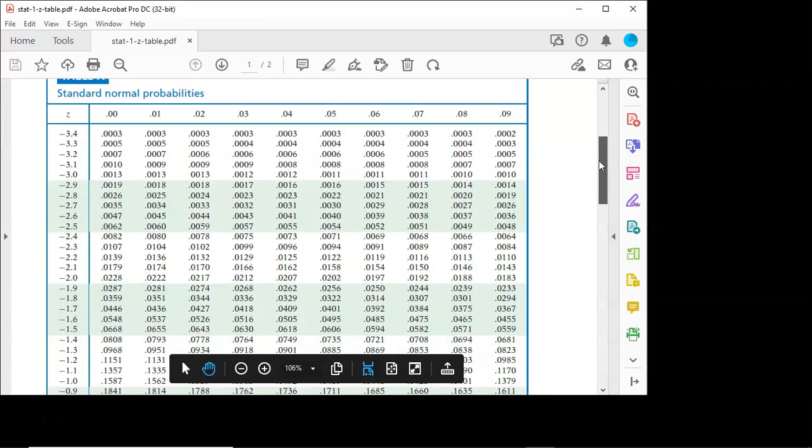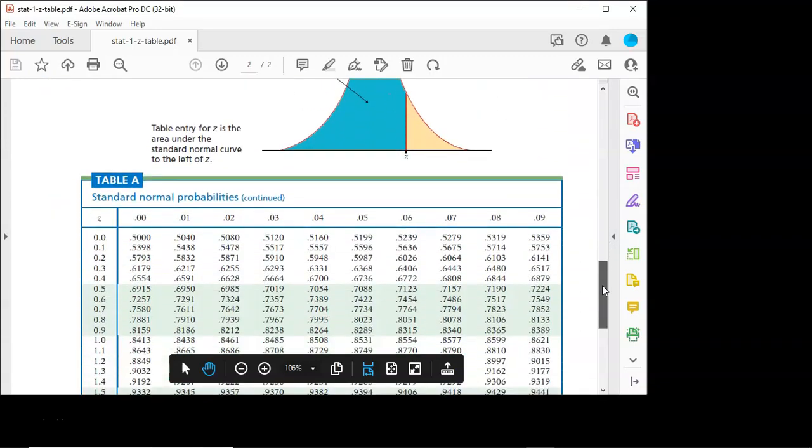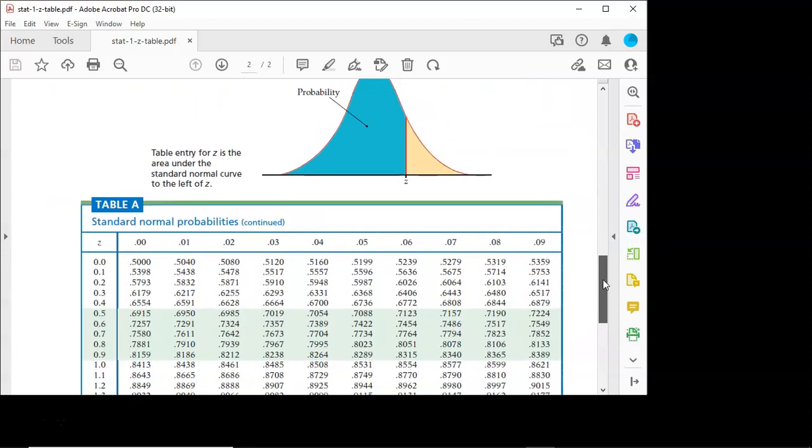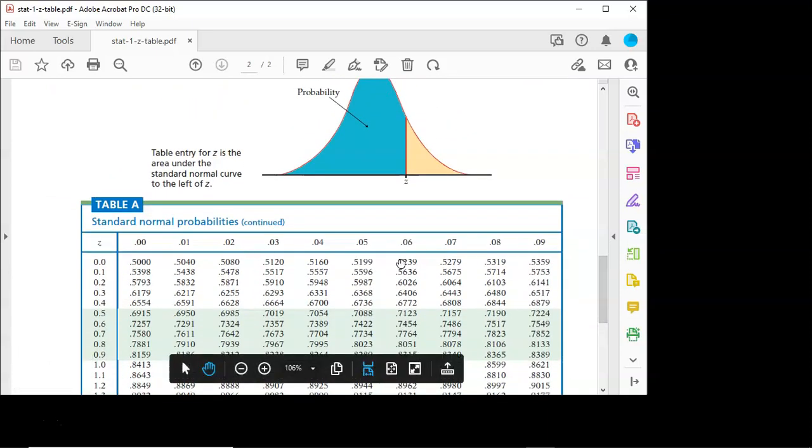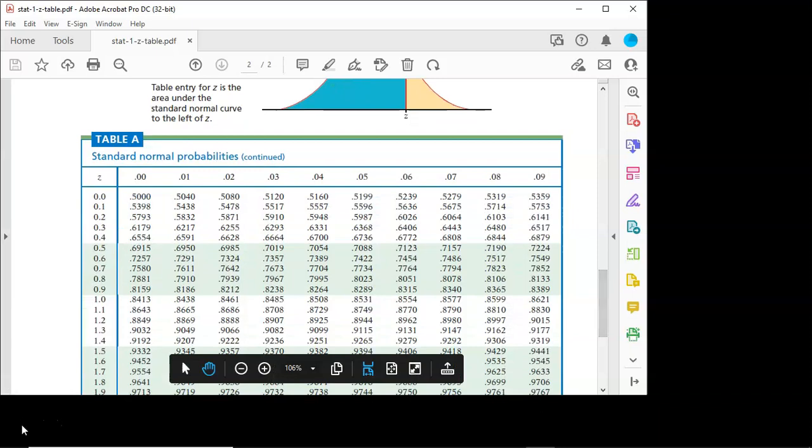So all these are negatives, so 0.6 should be in the second page. 0.62. 0.6 is here, 0.62. Okay.